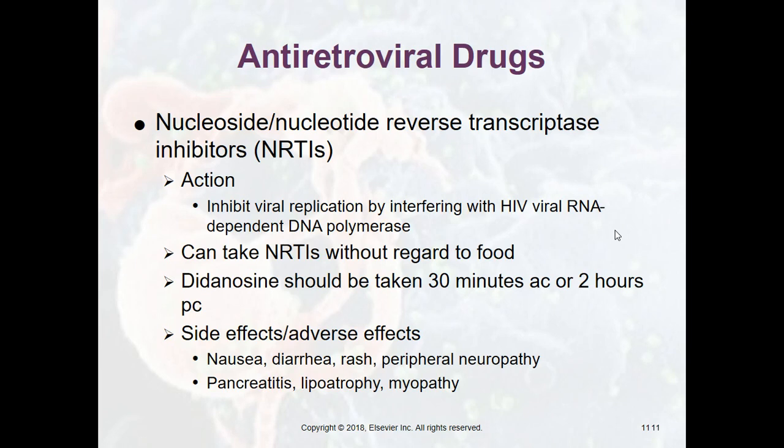And didanosine, which is an antiretroviral drug, should be taken 30 minutes before meals or 2 hours after. Some of the side effects for this medication include nausea, diarrhea, a rash, peripheral neuropathy, pancreatitis, lipoatrophy, and myopathy.